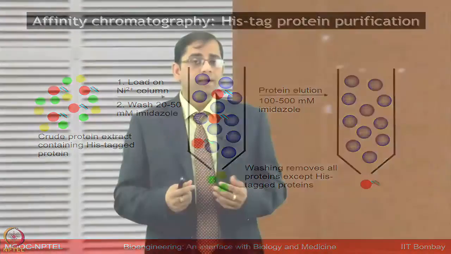Now you are going to add imidazole in an increasing concentration of 100 to 500 millimolar. Initially, some of the weakly bound and non-specific proteins will get eluted out, and then as you increase the concentration, only the tightly bound proteins, which is the protein of your interest, are going to get eluted out. So in affinity chromatography, your intention is to look for specific interactions and a high degree of protein purification.